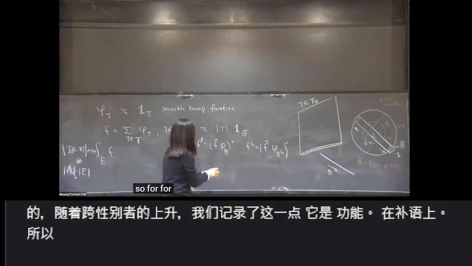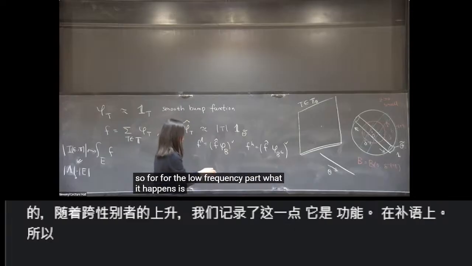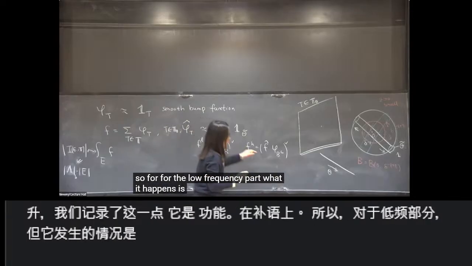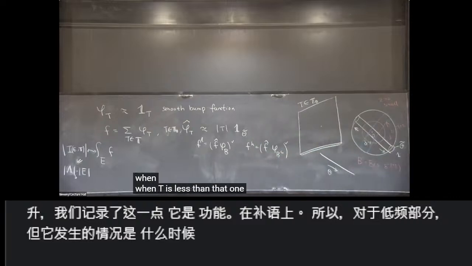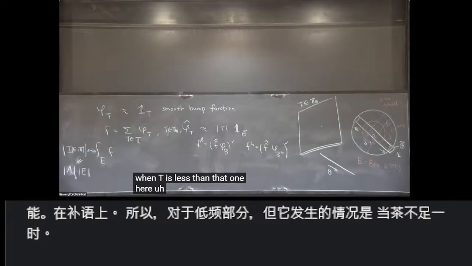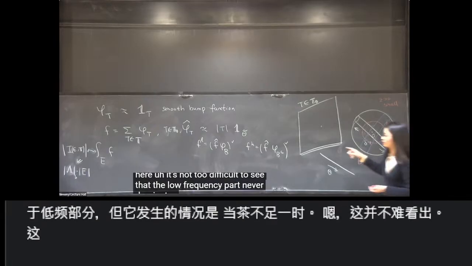So for the low frequency part, when t is less than 1 here, it's not too difficult to see that the low frequency part never dominates.